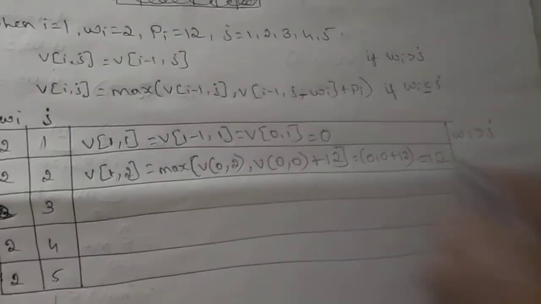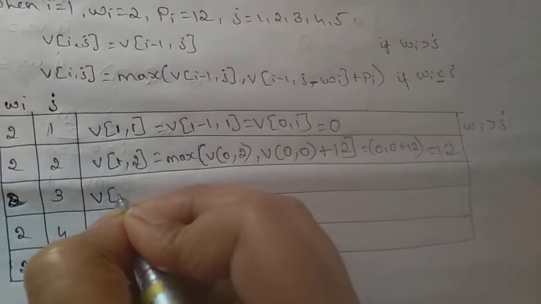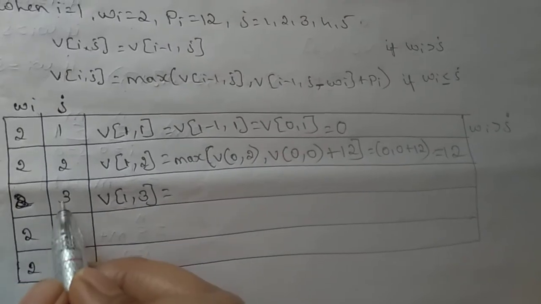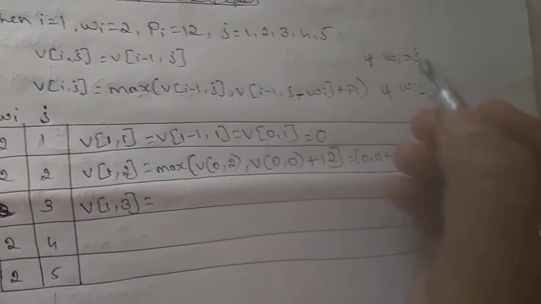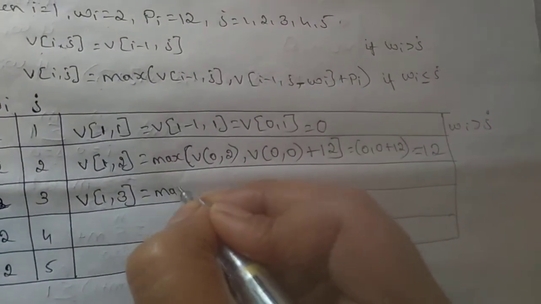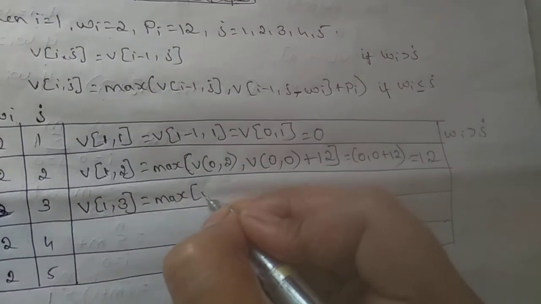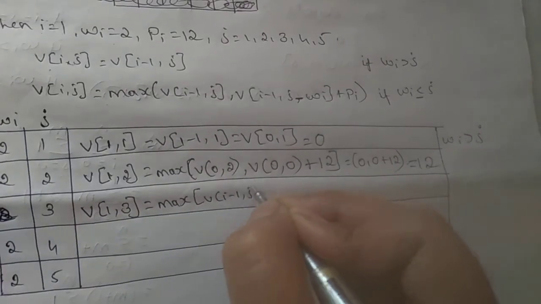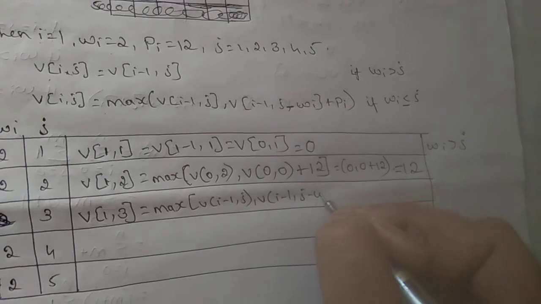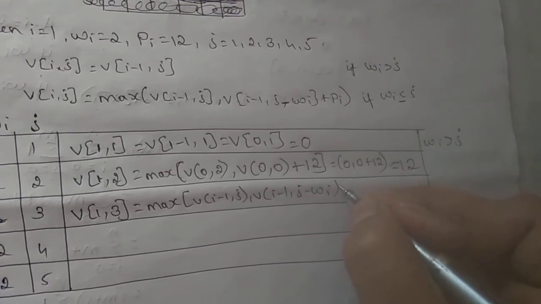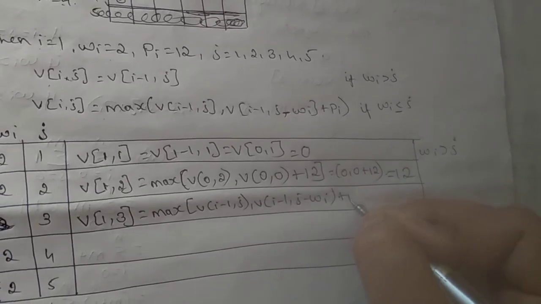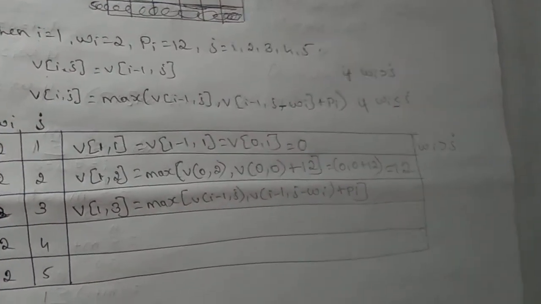Next, V of 1, 3, that is i, j. Here wi is less than or equal to j, so again the same formula: max of V of i minus 1, j and V of i minus 1, j minus wi, plus pi.